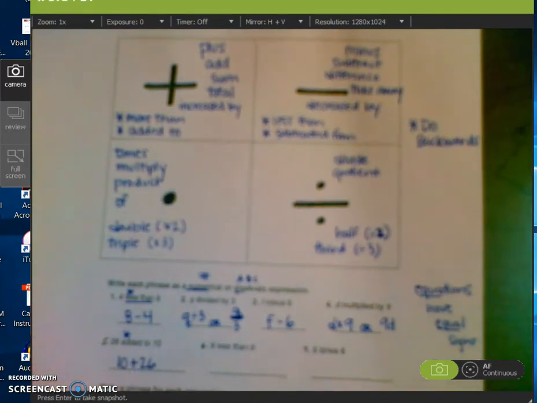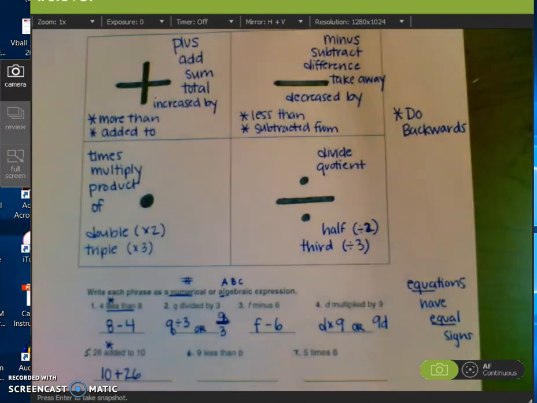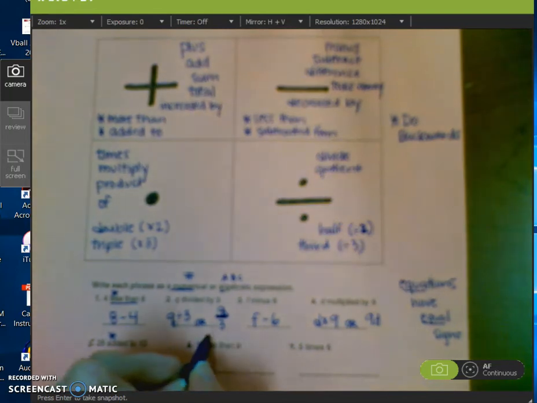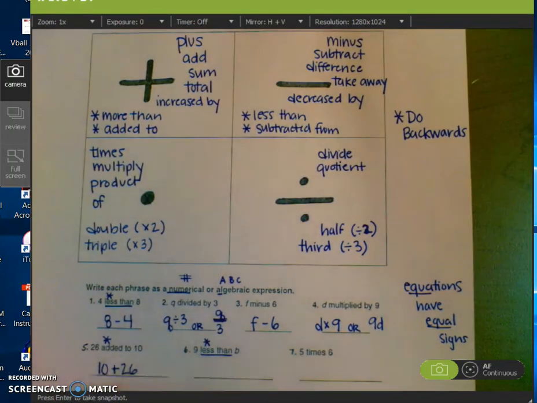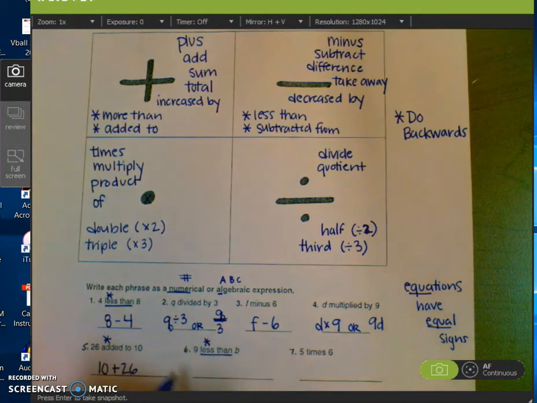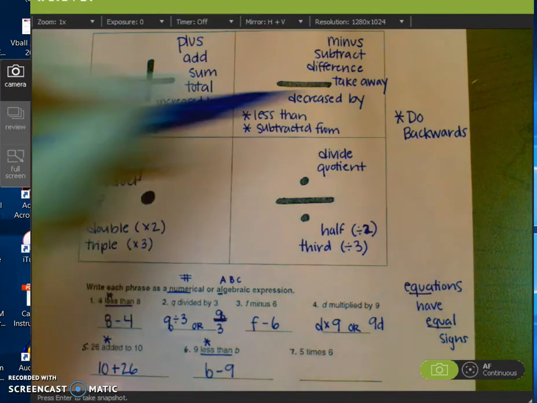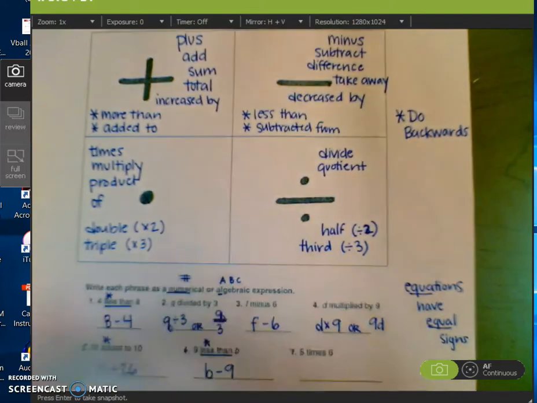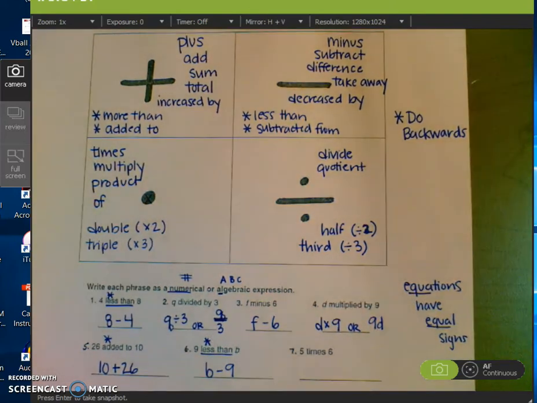So 10 has to be written first. Order does matter when we write these expressions. 9 less than B, and less than is another tricky one because we've got to write it backwards. Instead of 9 minus B, we write B minus 9, because it's one of those do-backwards phrases. We start with B and we're going to take 9 out of that.